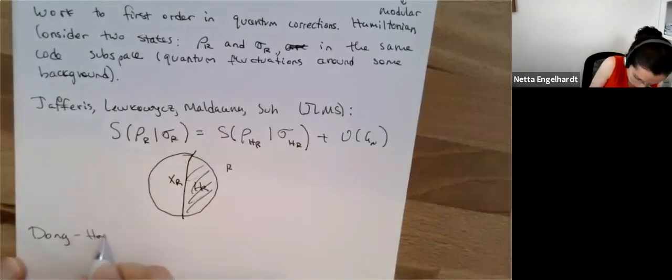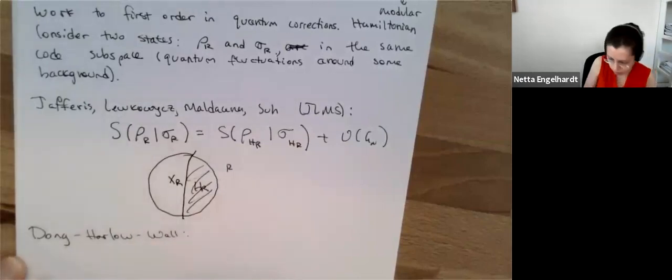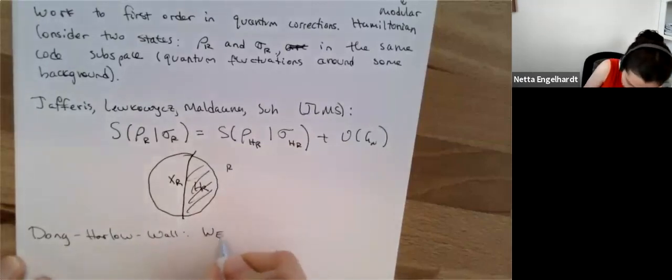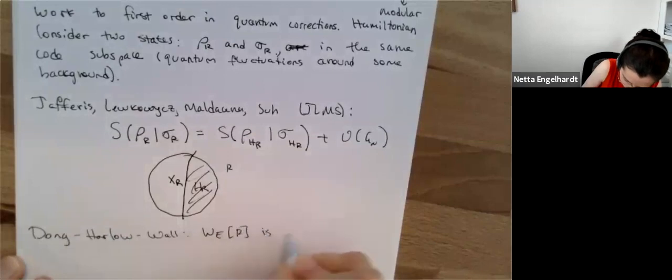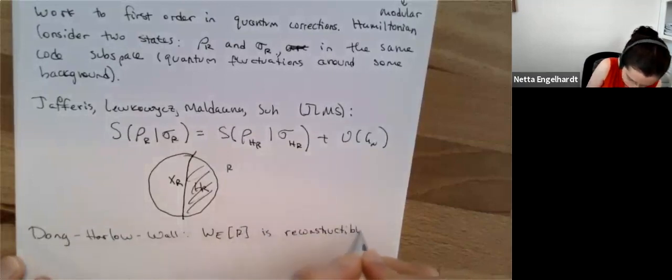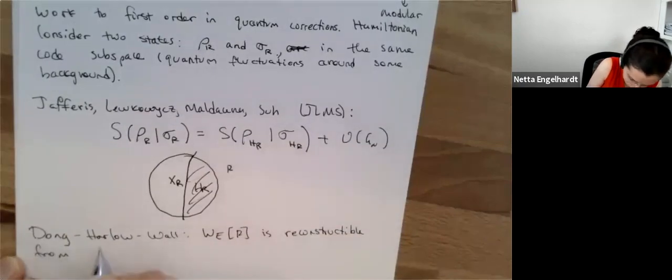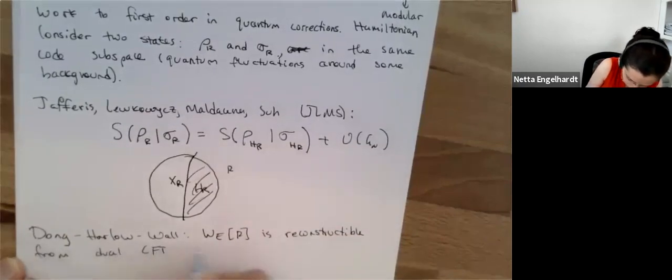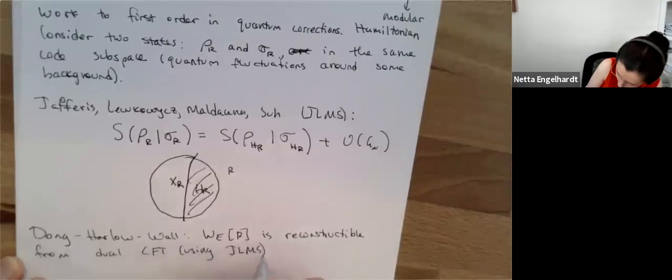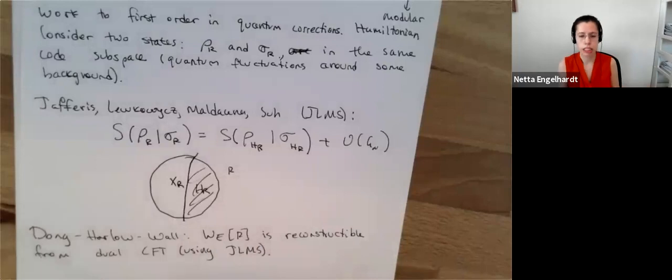So Dong, Harlow, Wall argued the entanglement wedge is reconstructible from the dual CFT using JLMS. So what's the intuition behind this?